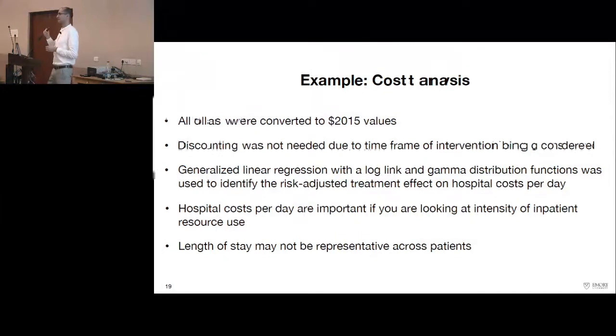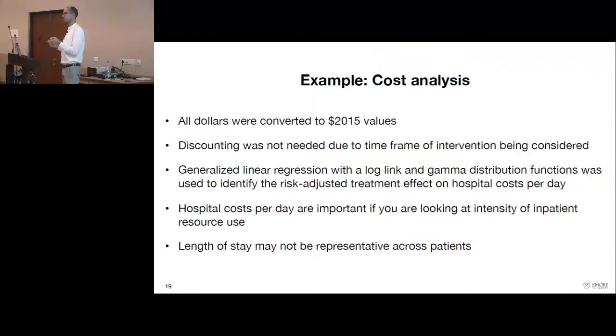But because each hospital stay was short enough, there was no need to discount future costs. They just brought the values to 2015, depending on whether they happened in 2007, 8, or 9.